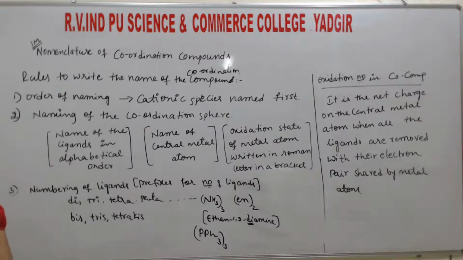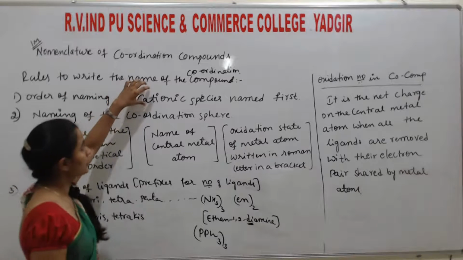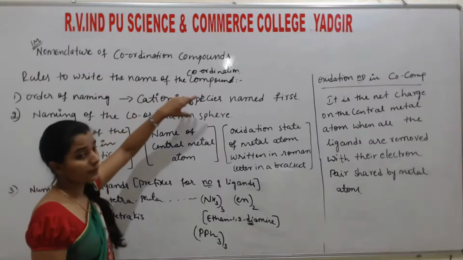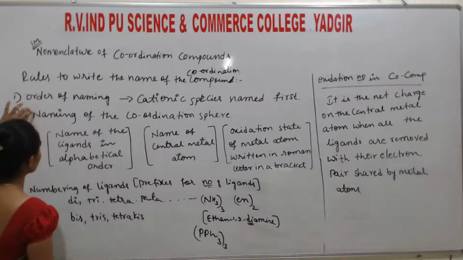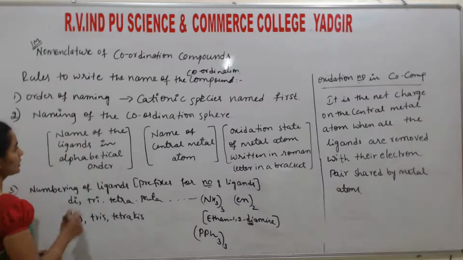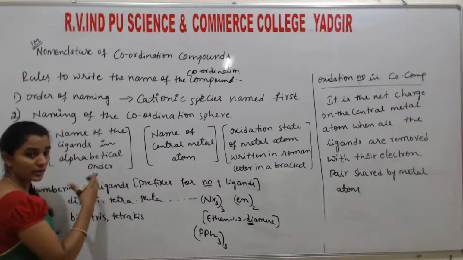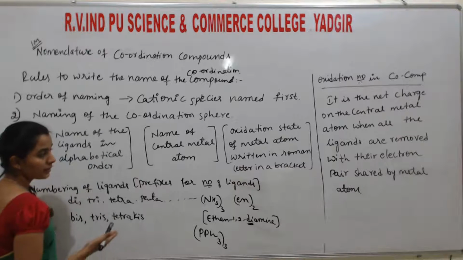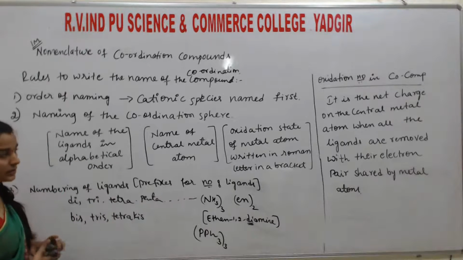So this is all about the rules, students. What are the rules? First one, order of naming: whatever the order, the cationic species is named first, whether it is a counter ion or a complex. In naming the coordination sphere, first the ligands are named alphabetically, as I gave in the list before, students. In the ligands, anionic species and cationic species are there. Correct?